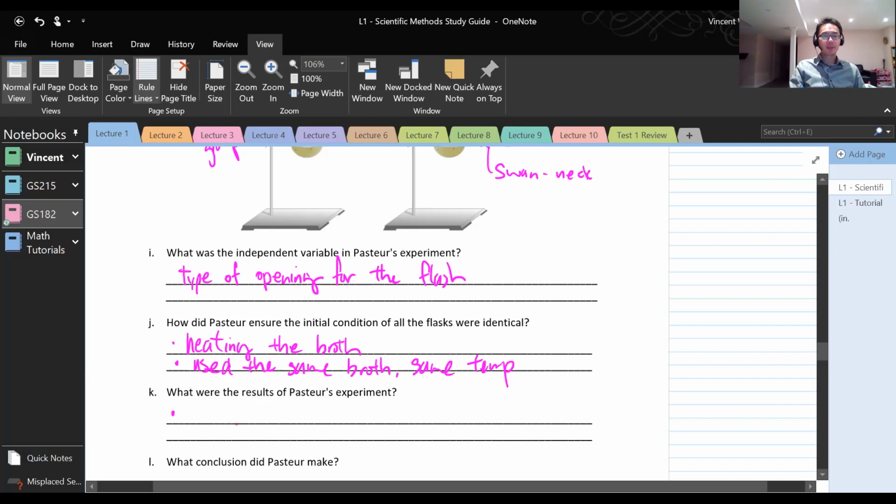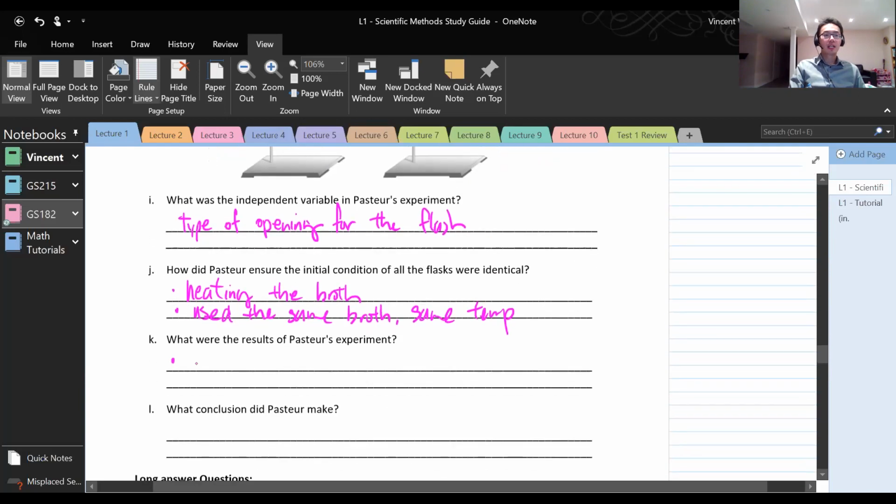Well, if you remember from the lecture, microorganisms were only observed in the control flask, but not the swan neck flask.